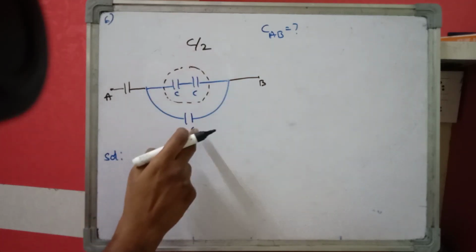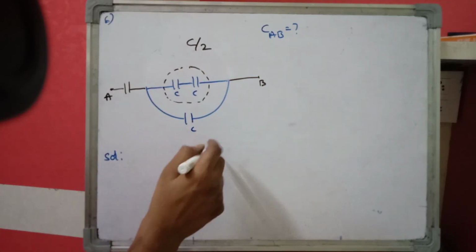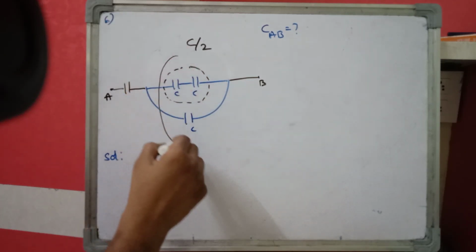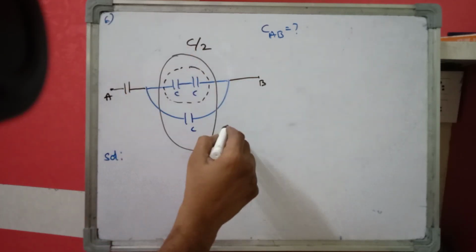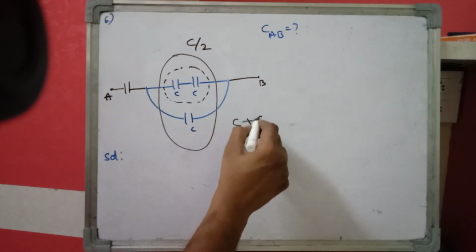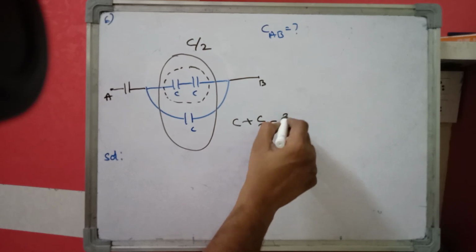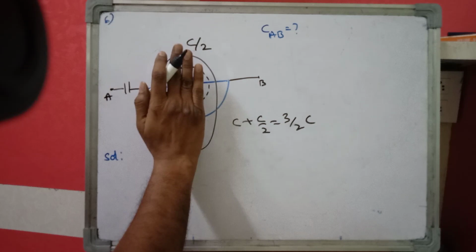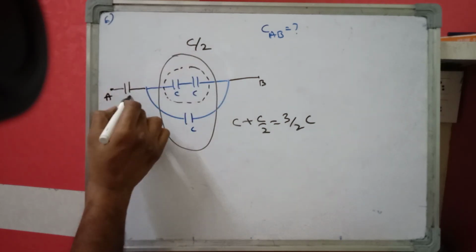That C by 2 is in parallel with this one, then the effective capacitance of this entire combination is C1 plus C2, which is C plus C by 2, equal to 3 by 2C. That 3 by 2C is in series with this capacitor.